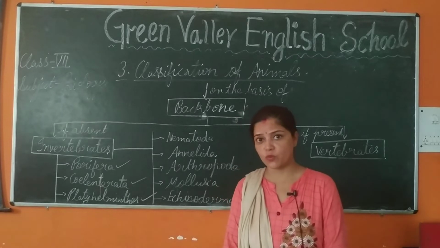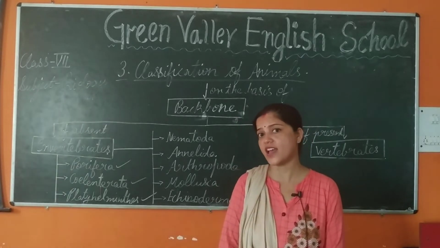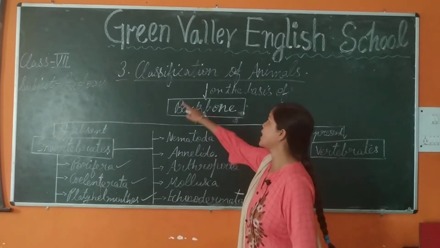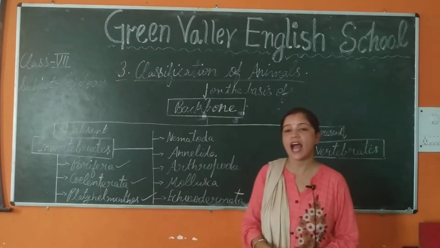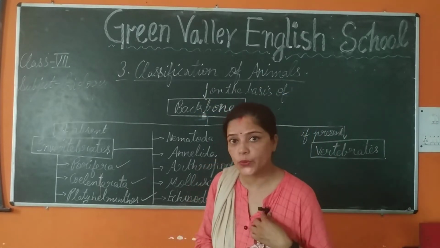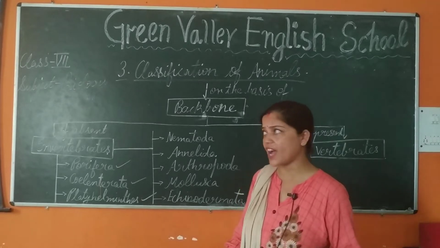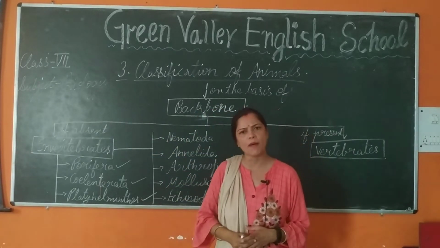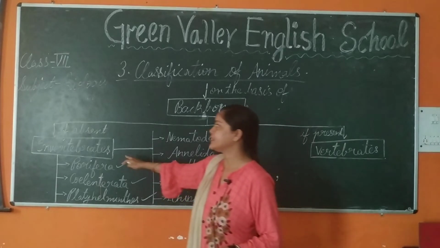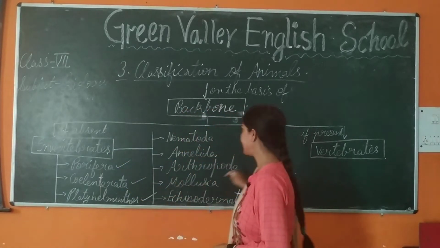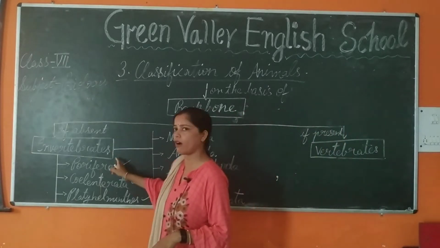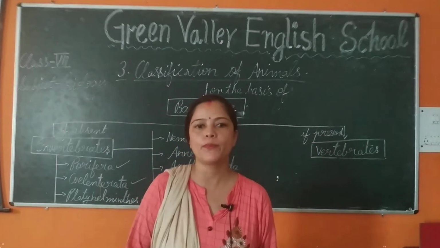Have you studied what I told you in the last class? I told you about the classification of animals. Animals are classified into two categories on the basis of their backbone. If the backbone is present, they are vertebrates, and if the backbone is absent, they are invertebrates.